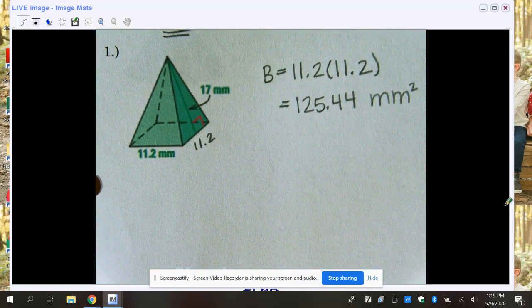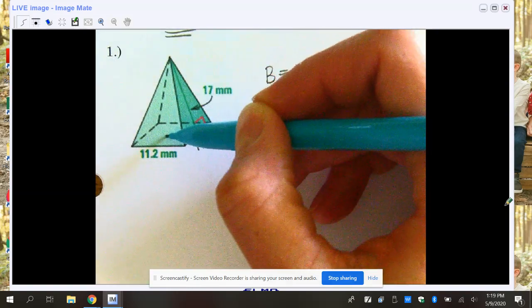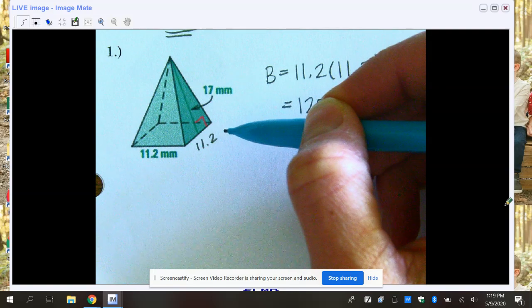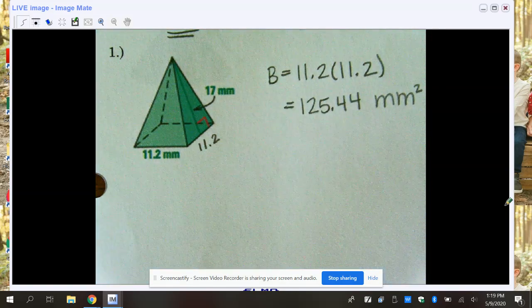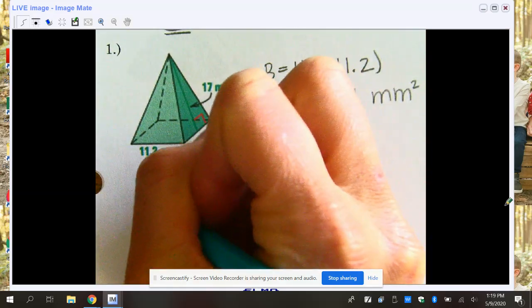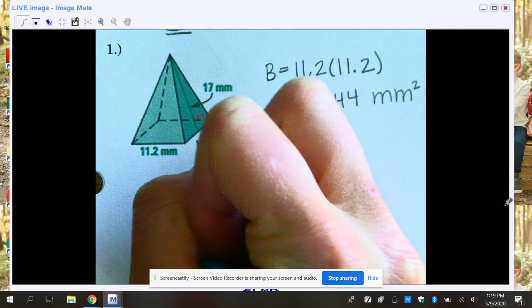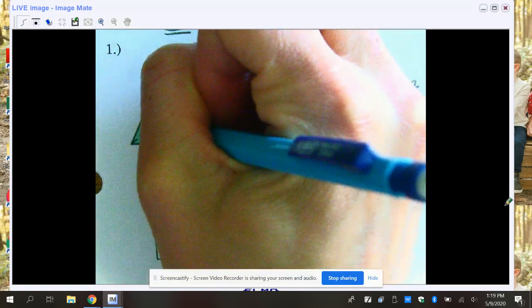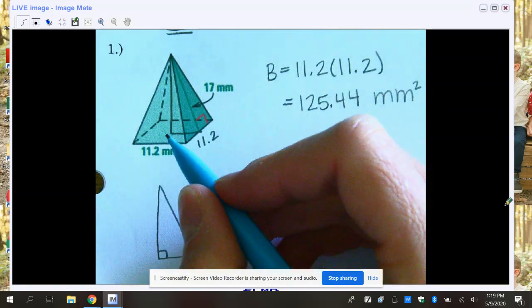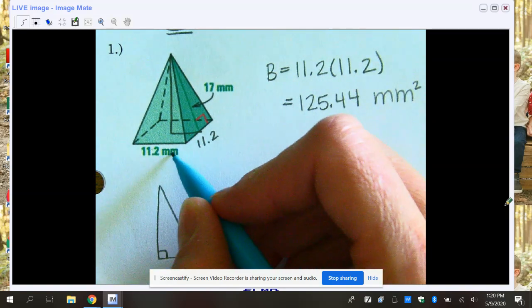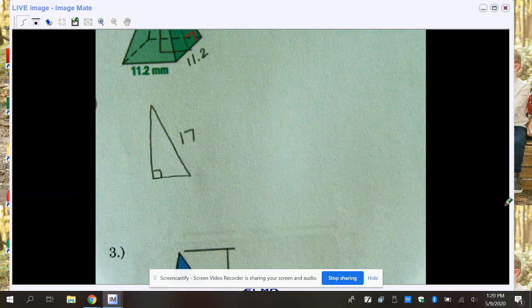What I don't know is the height of the pyramid. I don't really need to know the 17 millimeters. It doesn't have anything to do with what I need to find volume. So what I need to do is use that slant height to make a right triangle with the height of the pyramid and then half of that base right there.